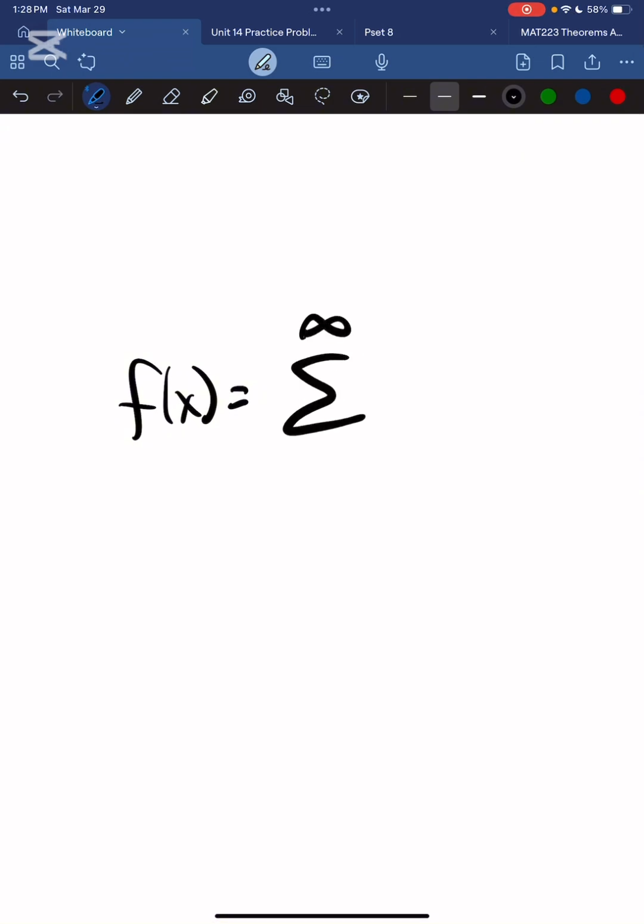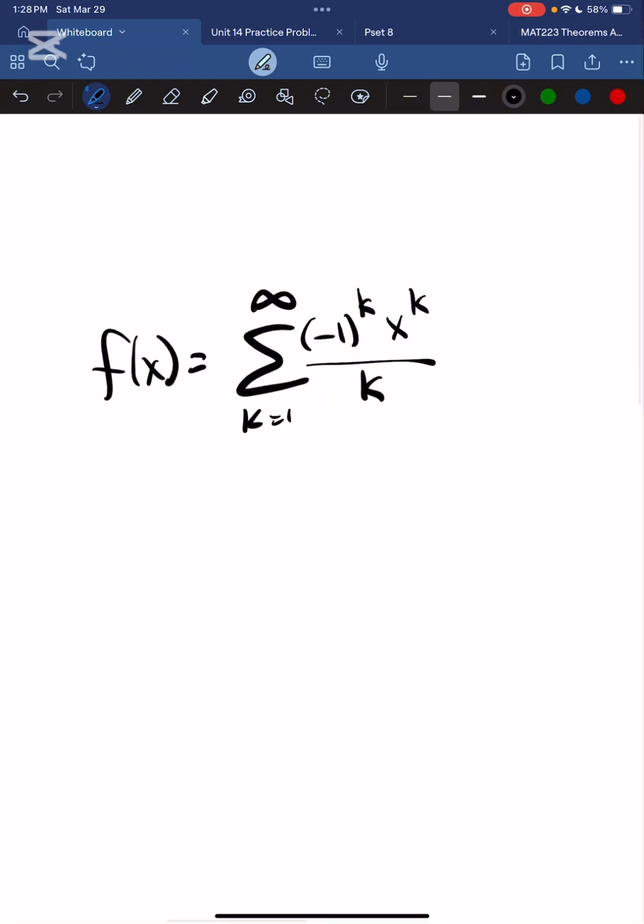So let's take this function, the sum from k equals 1 of negative 1 to the k, x to the k over k. Sorry, I'm copying from the textbook because they have good examples.